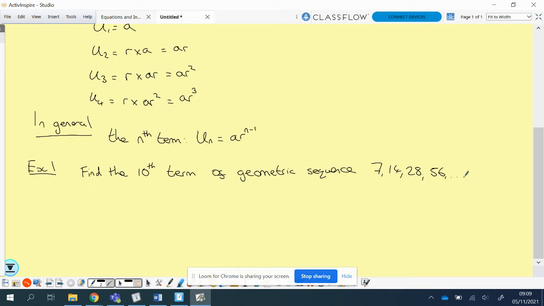We've been told it's a geometric sequence, so our job is to work out the 10th term. I need to get the data. My first term was 7, so that's A.